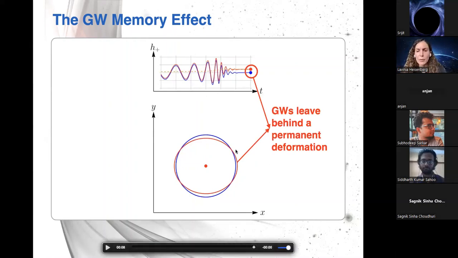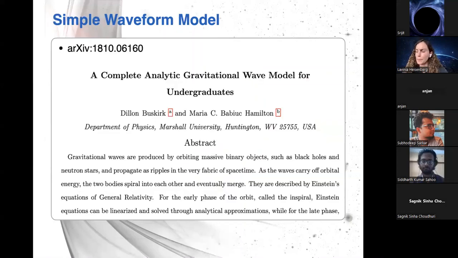The ring configuration is very different after the wave has passed. And in the waveform model, you see that there is this shift in the amplitude here, which is raised. Instead of going back to the initial starting point where it started, it has this permanent deformation.